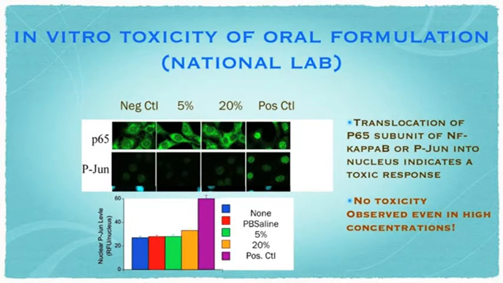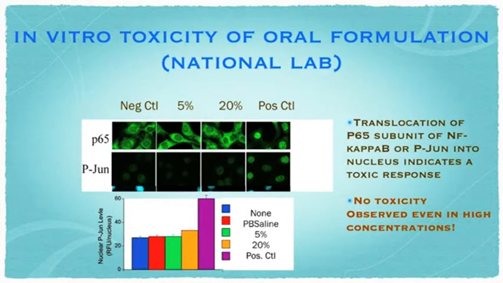What they did is they took, in tissue culture, exposed human cells to various concentrations of ASEA and a positive control substance. And the way this was studied is based on knowledge that certain transcription factors are translocated or moved toward the nucleus when they are exposed to toxins.